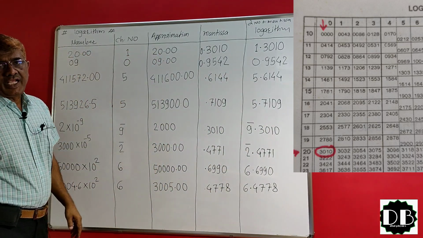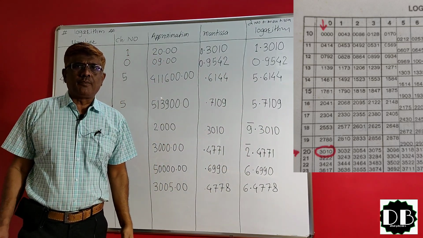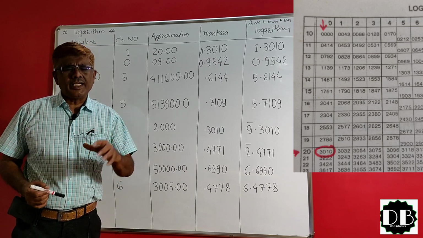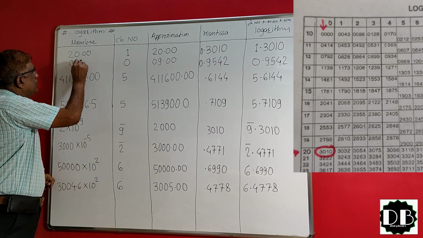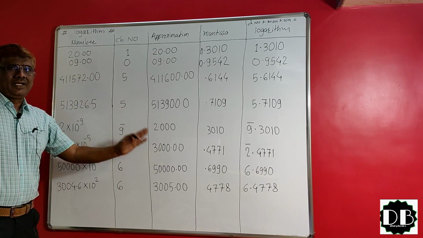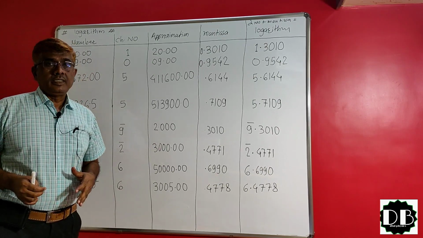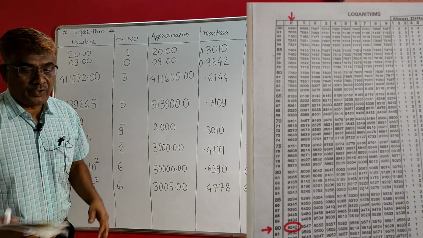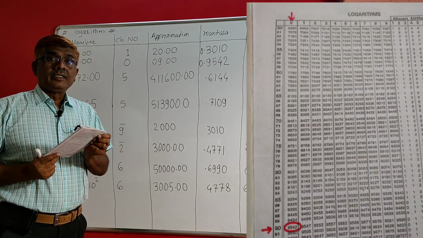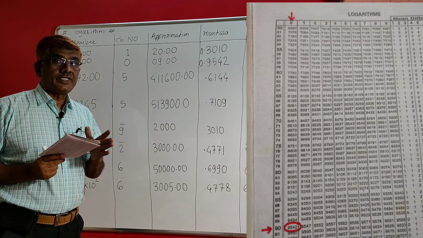Another number is 9. You can write it also as 0.09 or 09.00, one and the same. In the log table the first column starts from 10. That's why there is no question of seeing it in the 9.